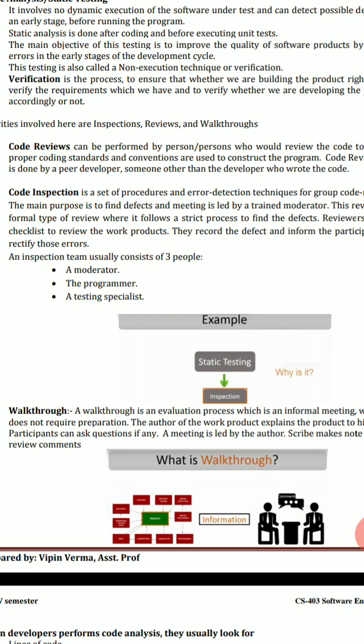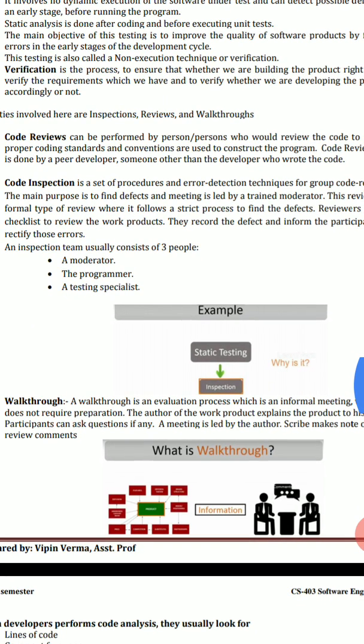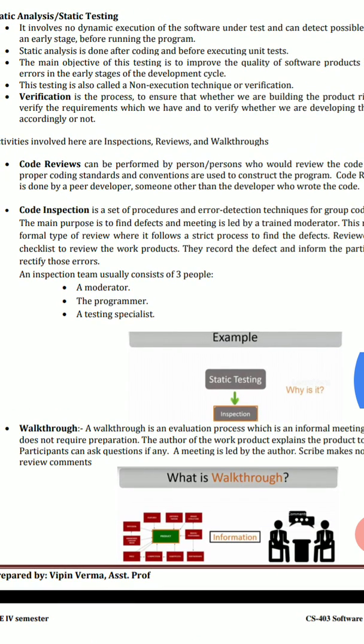Now, what is the meaning of peer developer? A peer developer is someone who is not involved in the coding, or who did not write the code. So a person who is not involved in the coding phase will perform the code review or the code inspection and walkthrough.